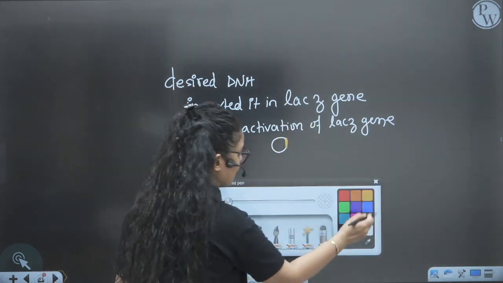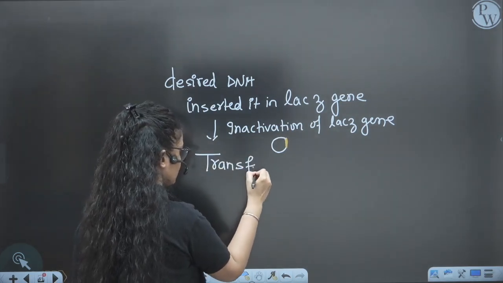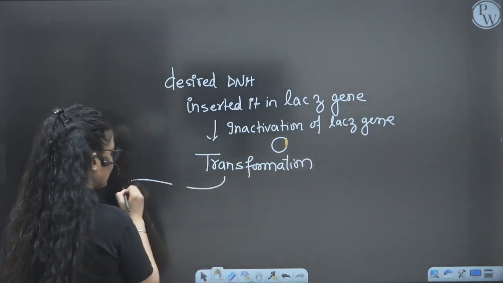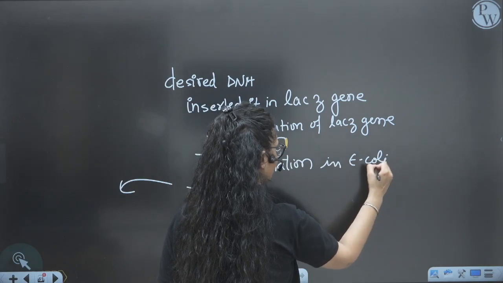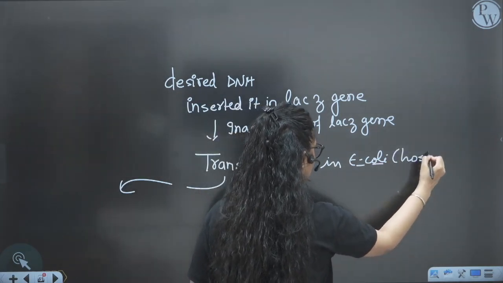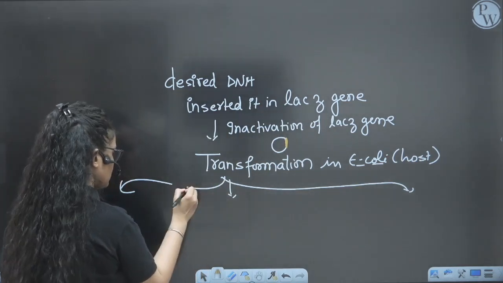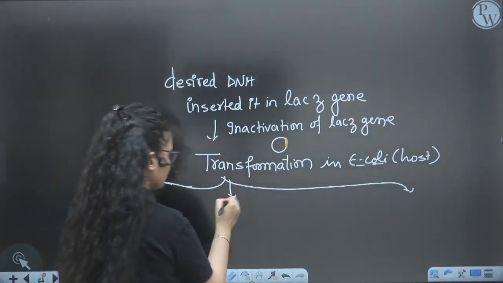Now what will happen? We will transform the host. We will put it in the host, suppose we are using an E. coli host, right? This is our host where we have to insert our gene of interest. So again, we will get three conditions. First, without any plasmid.